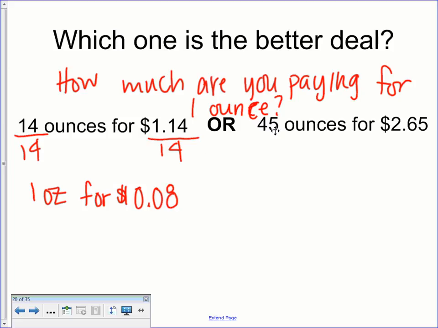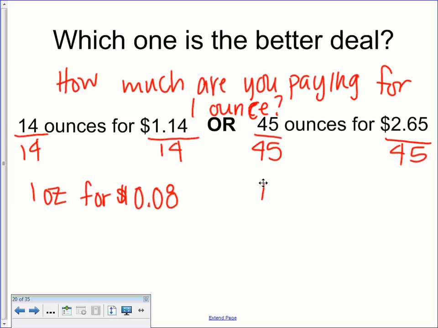All right, now I need to do the same thing over here. Or is it better to buy 45 ounces for a couple cents more? So $2.65 divided by 45 is 0.058 repeating.